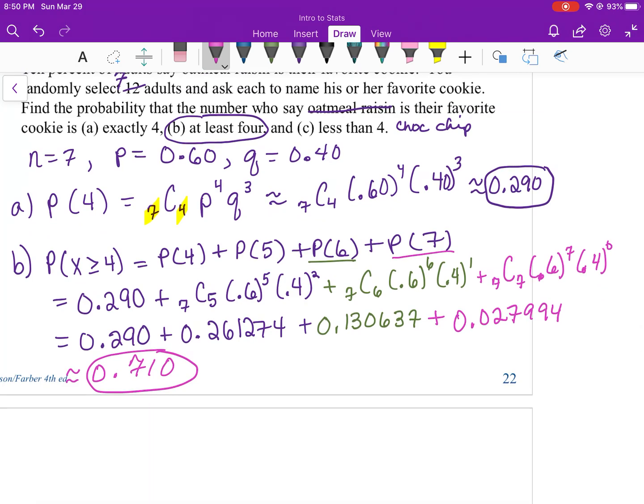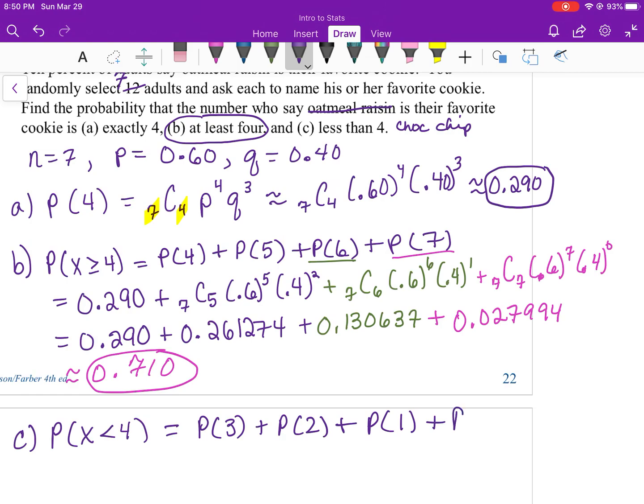Okay, part C, less than 4. So less than 4 means 3, 2, 1, and 0.